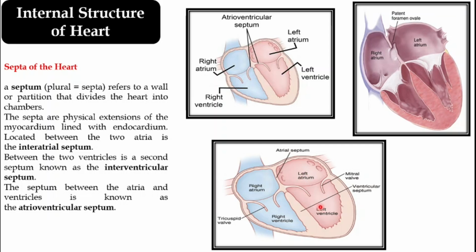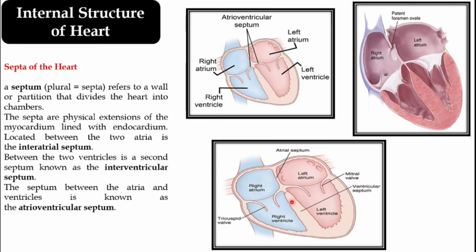And the septum between the right and left atrium is known as the atrial septum, and between the right ventricle and the left ventricle it is known as the ventricular septum or the interventricular septum.